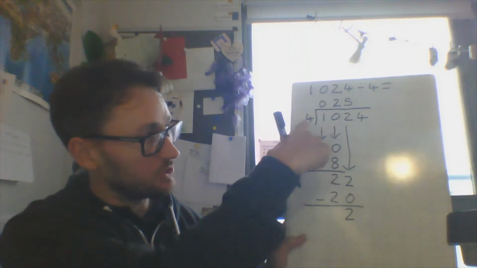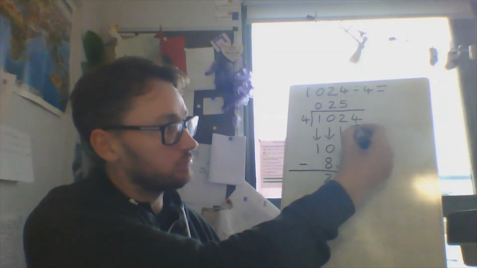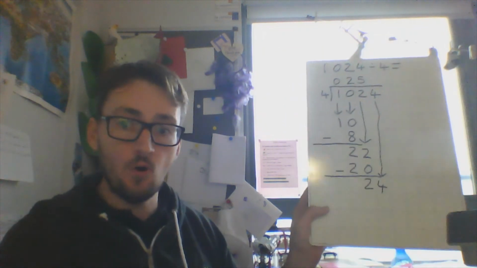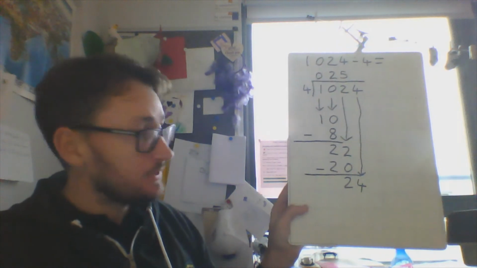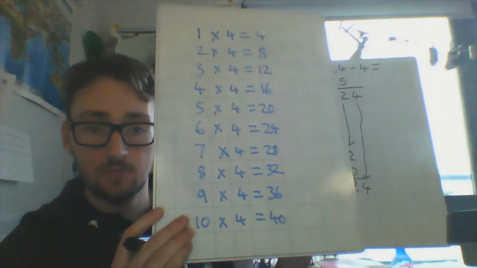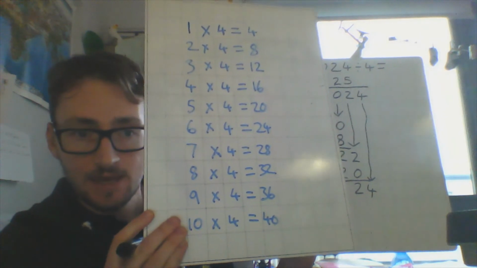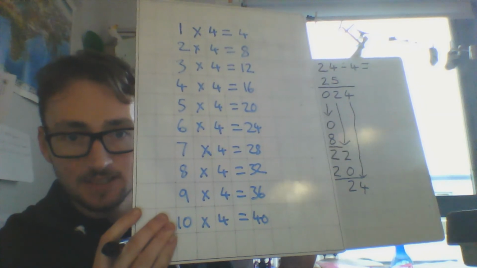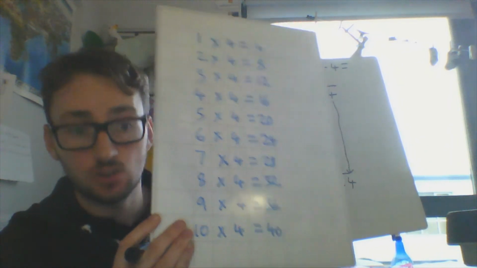We've now got a number that's smaller than our divisor, so we have to bring down the next digit, which is a 4. 24. Let's look at our 4 times table. Is that in there? Yes, it is. What's the fact that will help us? 6 times 4 is 24.